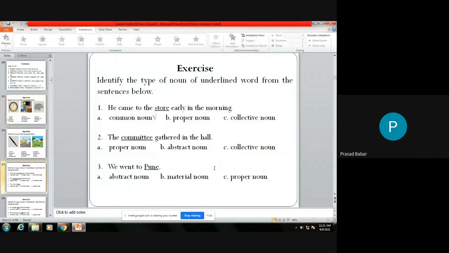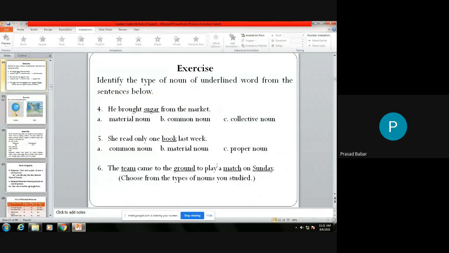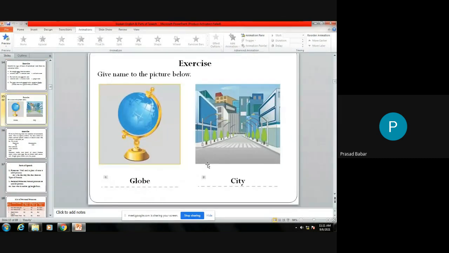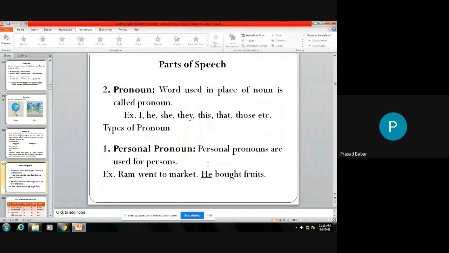Next, we have completed the exercises, and the second part of speech we discussed is pronoun. Pronoun is a word which we use in place of a noun, or which is used instead of a noun.